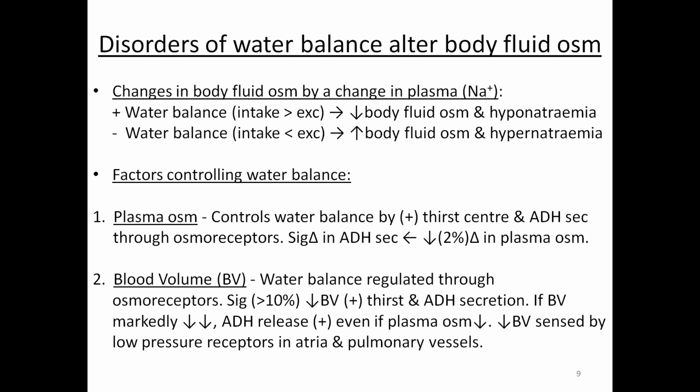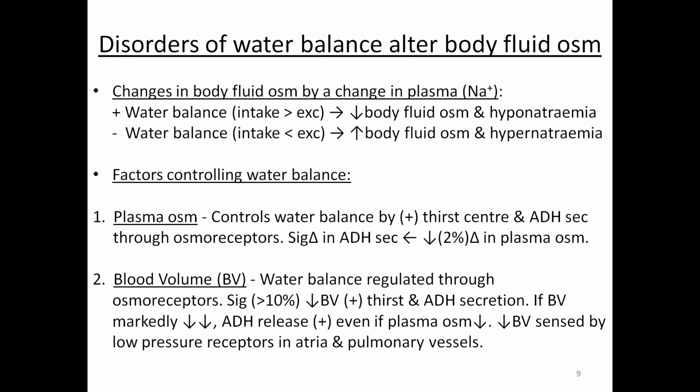In case of blood volume, normally the water balance is regulated through osmoreceptors. But a significant decrease in blood volume, more than 10%, also stimulates thirst and ADH secretion from the posterior pituitary.